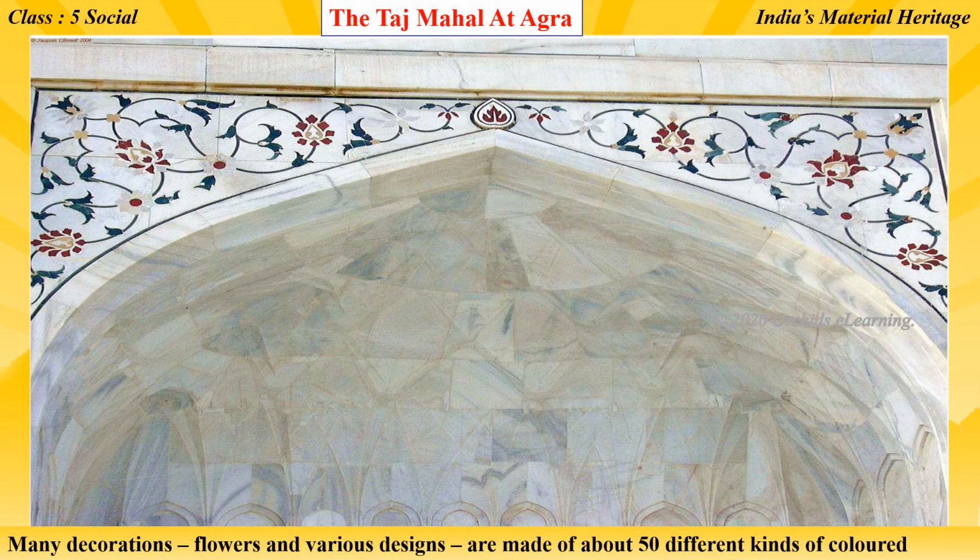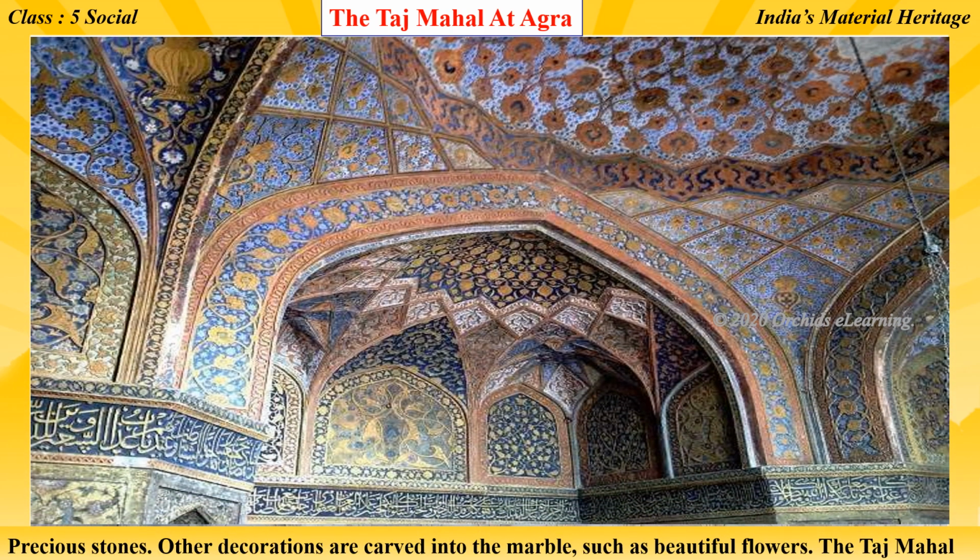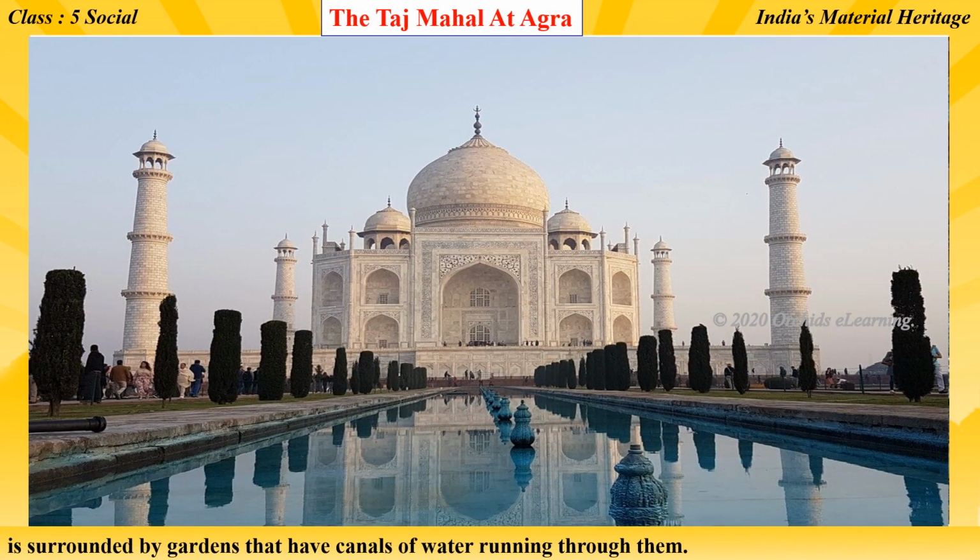Many decorations, flowers and various designs are made of about 50 different kinds of colored precious stones. Other decorations are carved into the marble, such as beautiful flowers. The Taj Mahal is surrounded by gardens that have canals of water running through them.